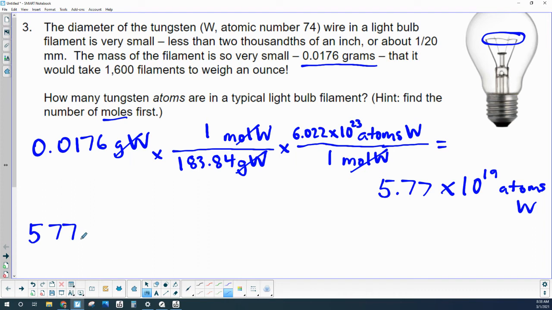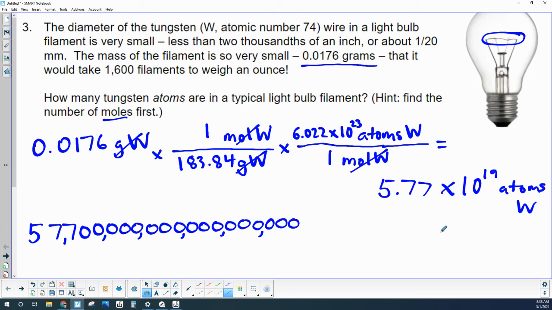That's 2 spaces, and I would need to add 17 zeros. 1, 2, 3, 4, 5, 6, 7, 8, 9, 10, 11, 12, 13, 14, 15, 16, 17. Add some commas in.